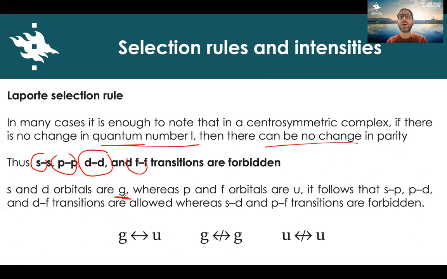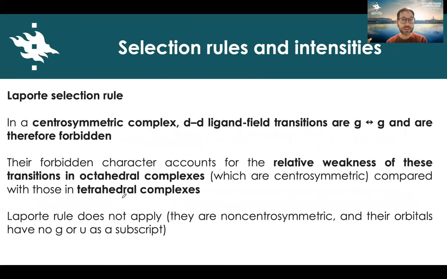So the interesting thing is that in a centrosymmetric complex, such as octahedral geometry, the d-d transitions are forbidden. And this forbidden character accounts for the fact that they have a relatively weak intensity relative to the charge transfer bands, and also to be weaker for an octahedral complex relative to a tetrahedral complex.